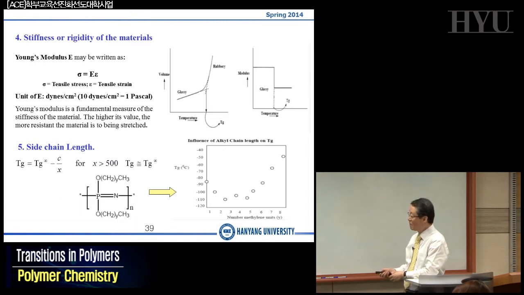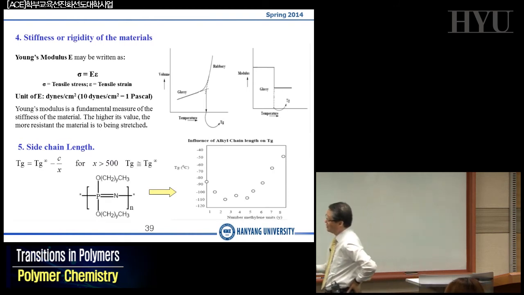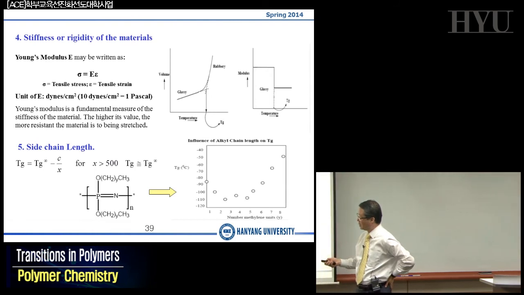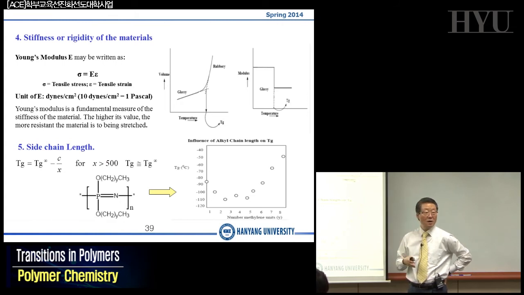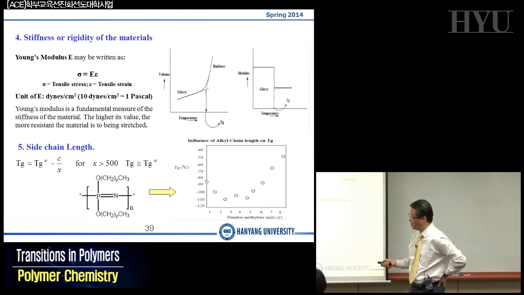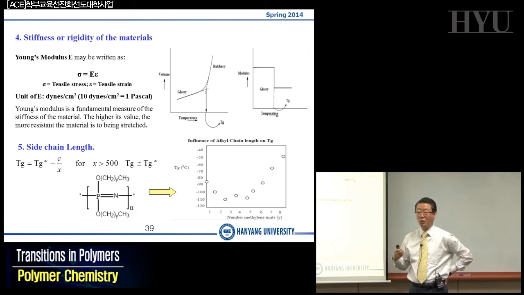This polymer is called polyphosphazene, and polyphosphazene has carbon and hydrogen and oxygen and nitrogen, and those atoms, CHON, are regarded as organic atoms, organic materials, whereas phosphorus is regarded as inorganic material. So this polymer is very unique, where this polymer is regarded as an organic and inorganic polymer.